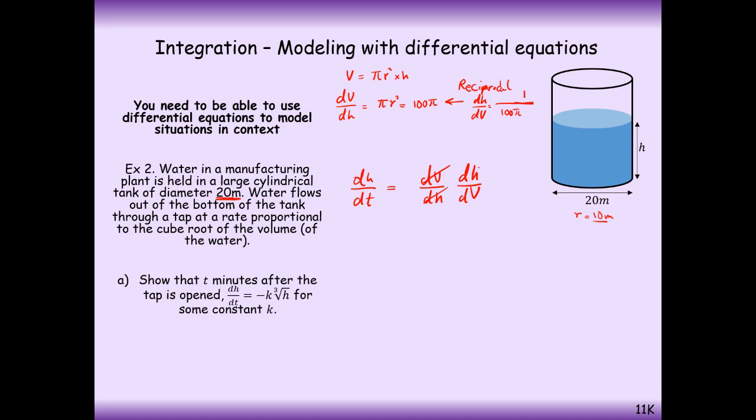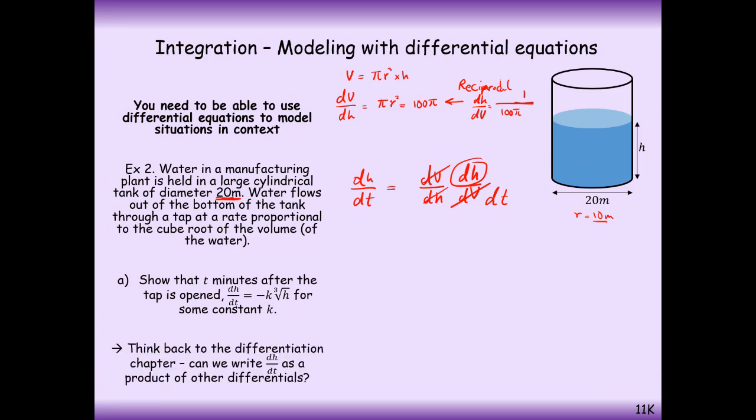So we have dH where it needs to be, but somehow we have to cancel away dV and get the dt in here. How can we do that? Well, the way to cancel it away is by having found the rate dV by dt.